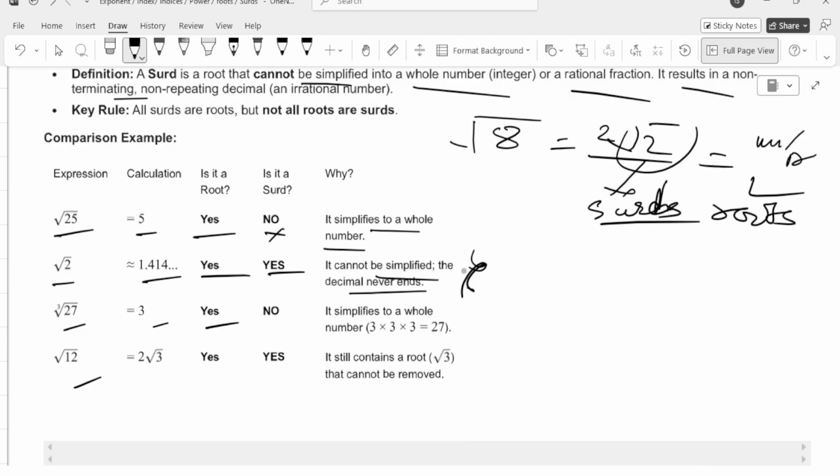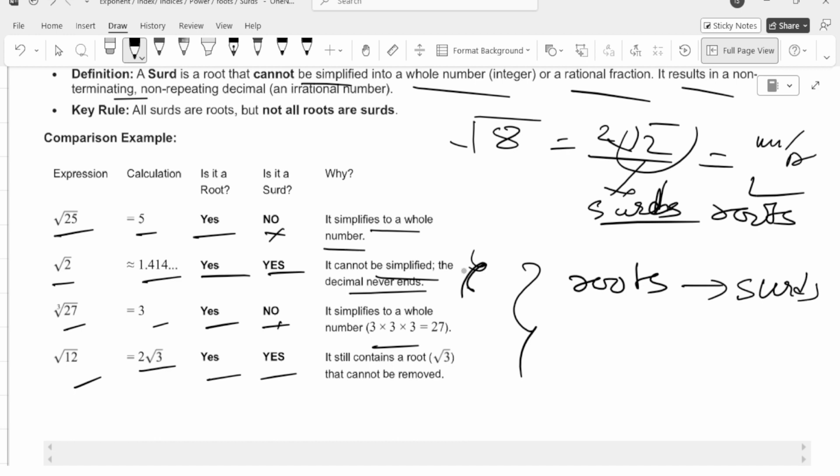Yes. Is it a surd? No, because there is no irrational form. And root 12 is 2 root 3: root? Yes. Surd? Yes. Now what I am explaining: all roots are not surds.